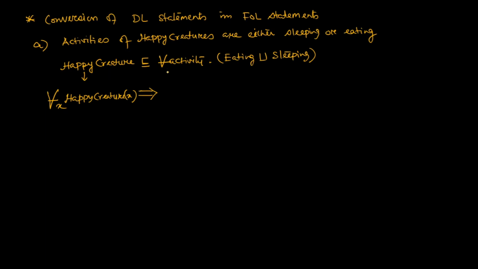Now we can directly model this with for all in first order logic. So for all the activities that this X has, X has the activity Y, that will imply. So that's how we convert this for all statement.